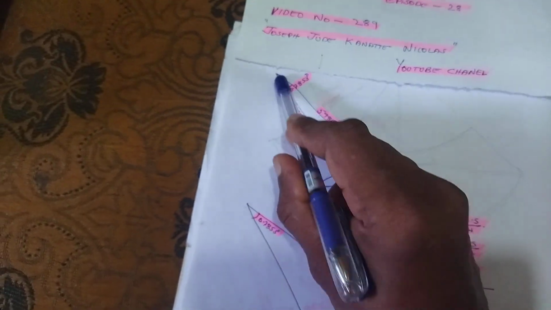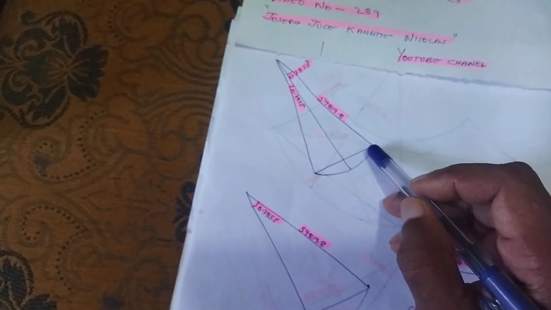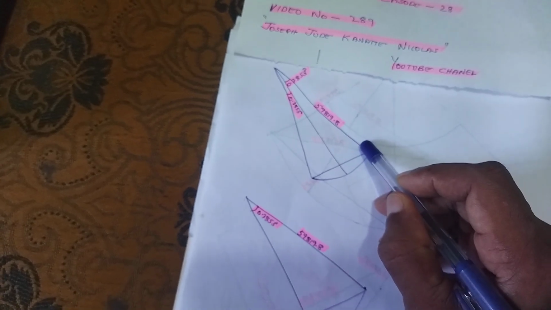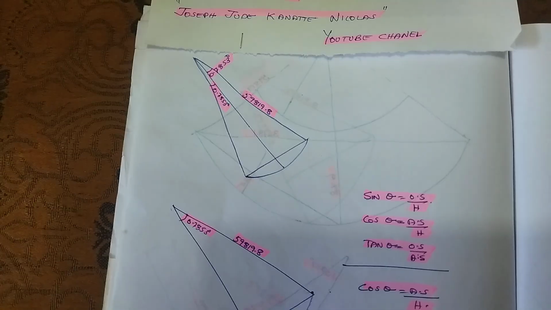This is also the same. So automatically it won't be 90 degree. We have to find out 90 degree. Otherwise, we can't use trigonometrical calculations.